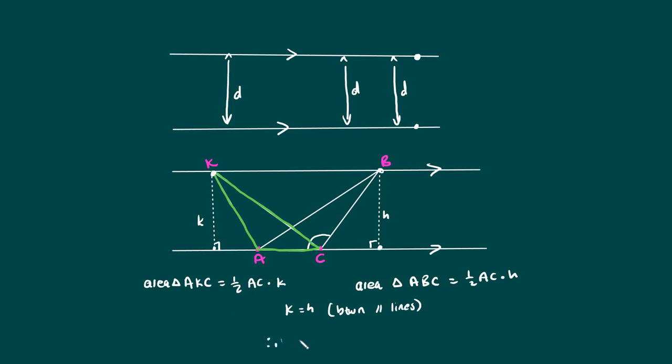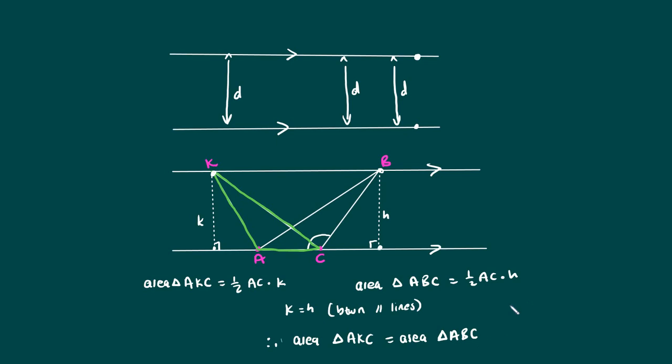Therefore, this means that the area of triangle AKC is equal to the area of triangle ABC. Because H and K are the same.